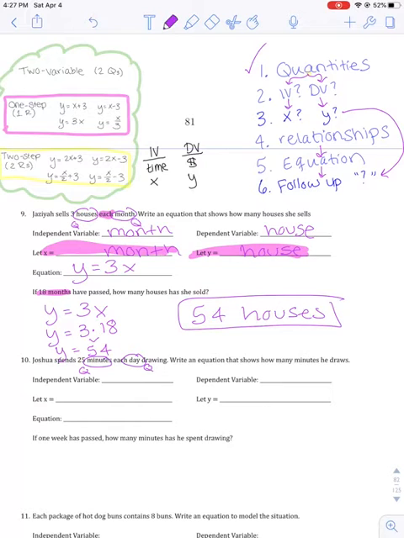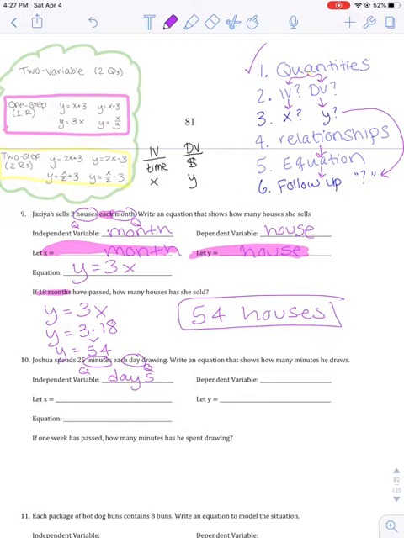Now they are both time, and they can't both be independent. One of them has to be dependent. So I have to think about which one is more powerful, which one is more independent. He's choosing how many minutes to draw each day. That's like a made-up number. But he can't control how many days have passed.